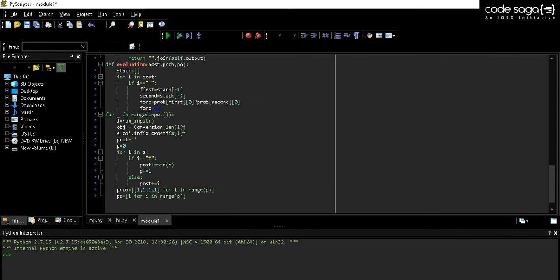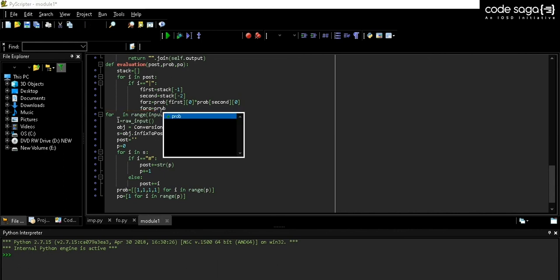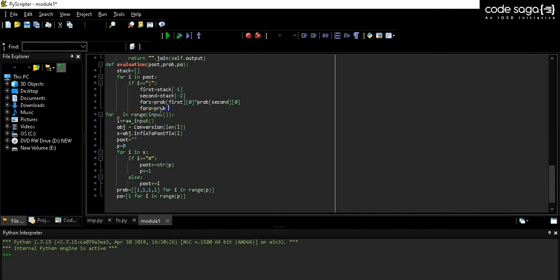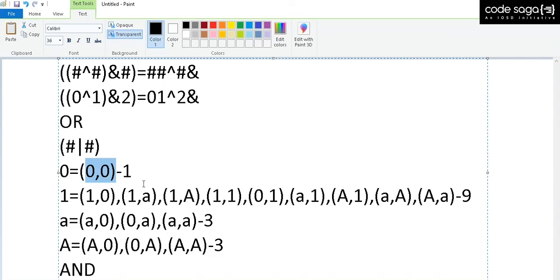So the probability of 1 is: first we have the probability that the first element is 1, which will be this. Now the cases are a lot, so I'll try to simplify it a little bit. When the first element is 1, we look at the sum of the probability of the second element in its entirety, because all the other elements, that is 0, A, capital A and 1, are also there.